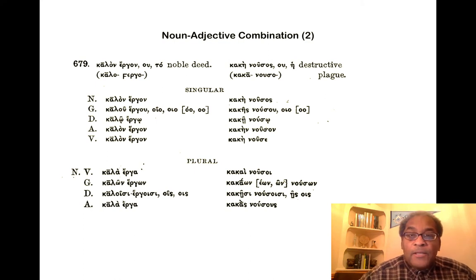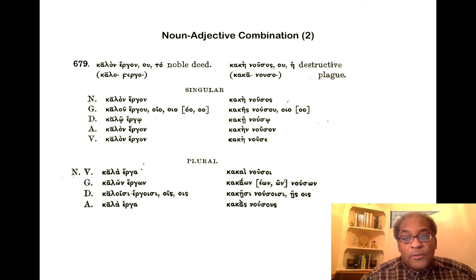And then this third example unites a feminine second declension noun, nesos, which, because it's feminine, is going to require the feminine forms of the adjective. So here we have a place where the endings don't line up with one another.